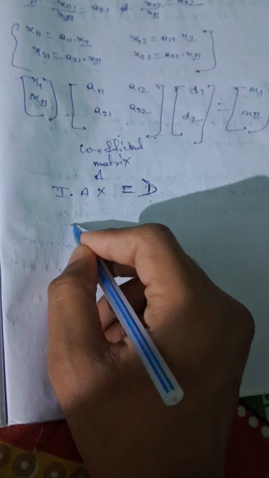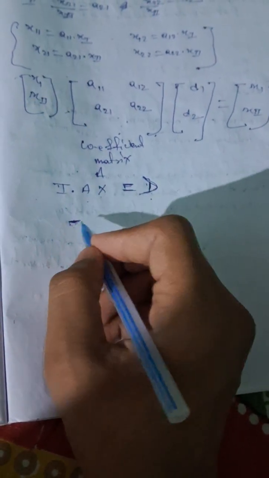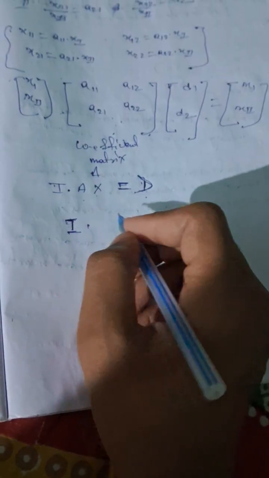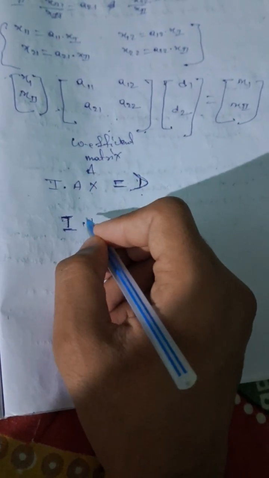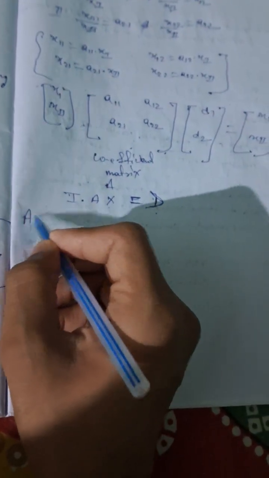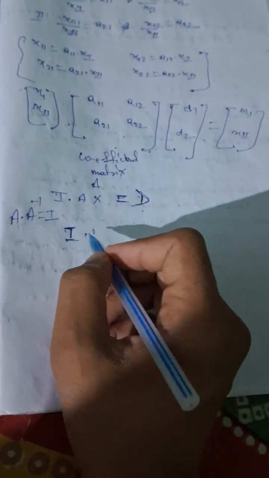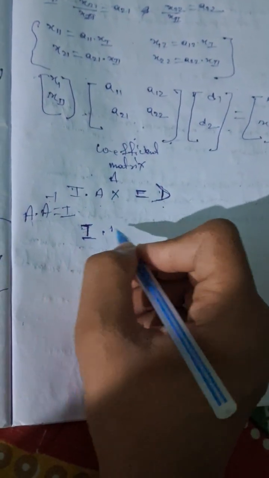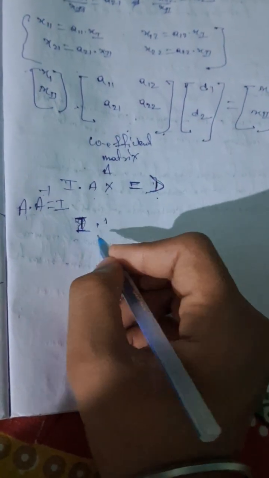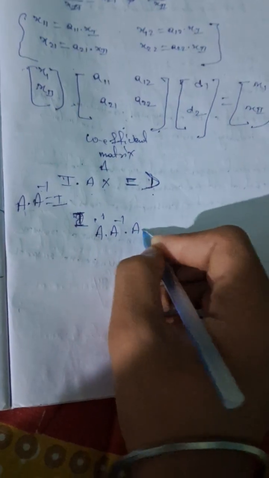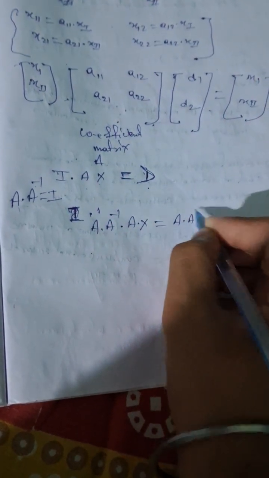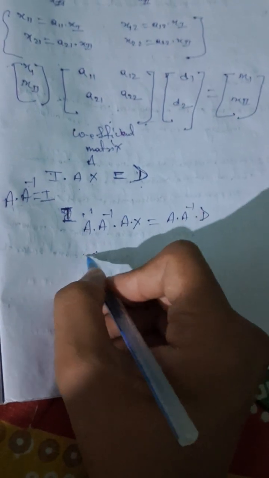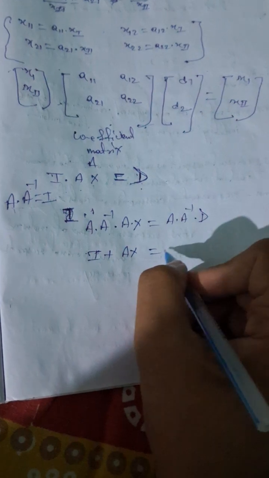Multiplying both sides by the inverse of (I minus A), we get X is equal to the inverse of (I minus A) times D.